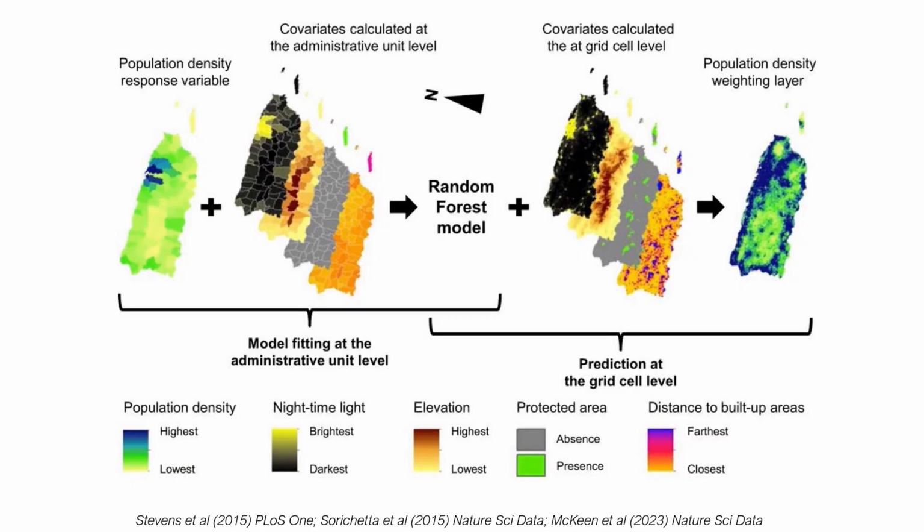And over the past 10 years, this is the approach that we've been using at the global scale, a random forest machine learning model, where we are learning the relationship between the population density at the aggregate count scale and the covariates at that similar scale, and then applying those learnt relationships to produce a population density weighting layer that is then used to disaggregate to grid squares.